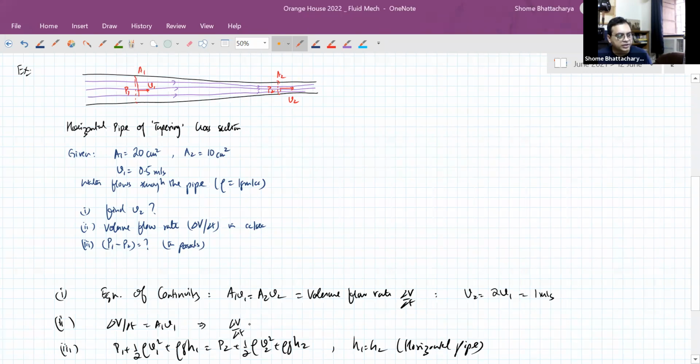So this we can write as 20 centimeters square into 0.5 meters per second, or 50 centimeters per second. So that is 10 raised to 3 cc per second. Or in fact, you can also see that it is 1 liter per second.